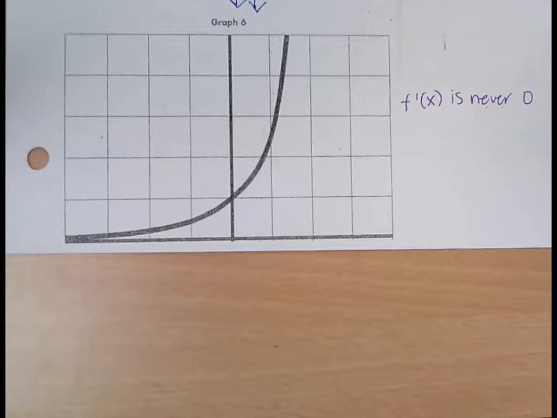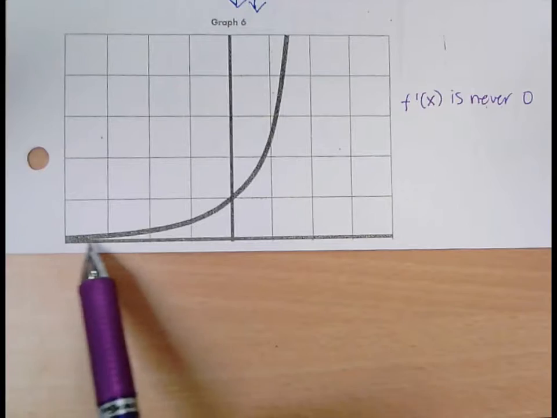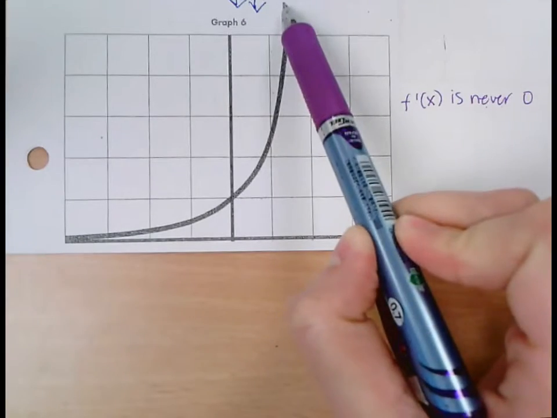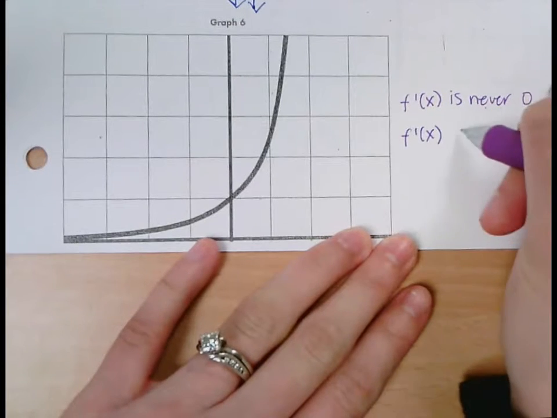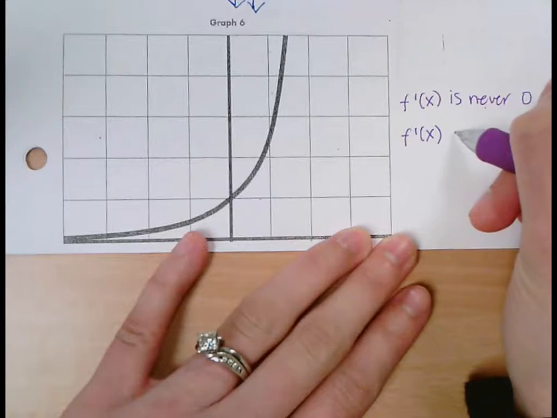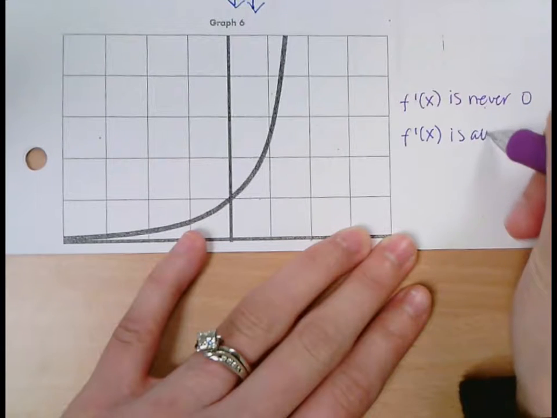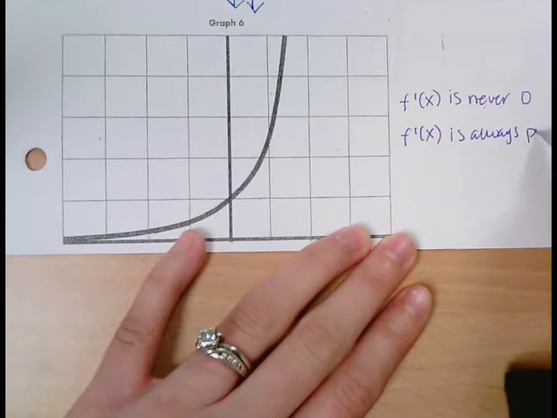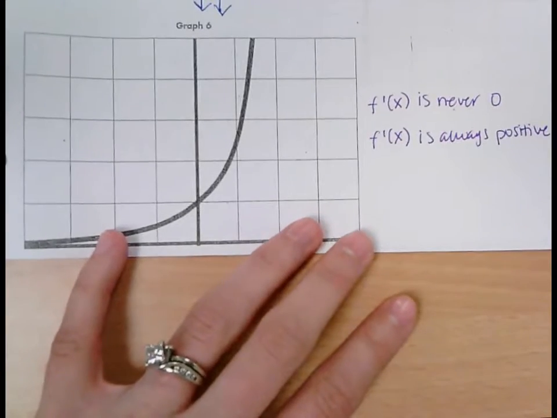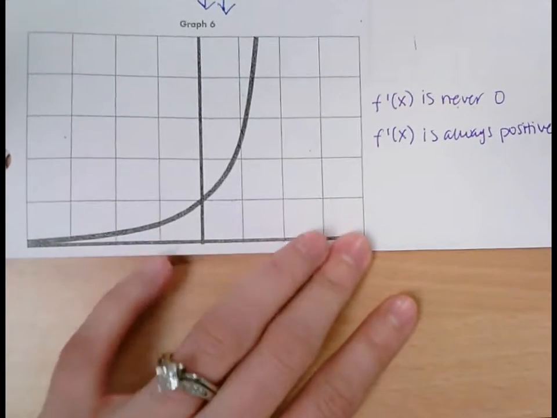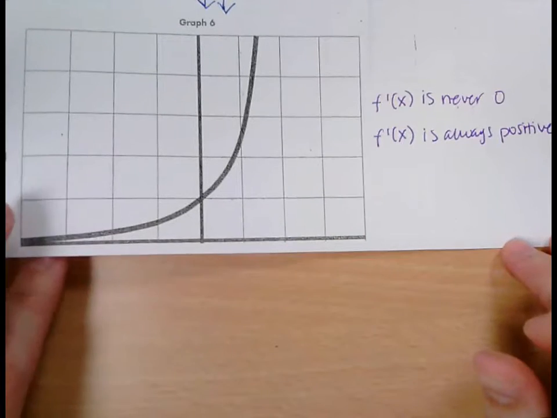And then f, in this case, on its entire domain, this curve we are given is always increasing. So then we know f prime will always be positive. So it will be completely above the x-axis.